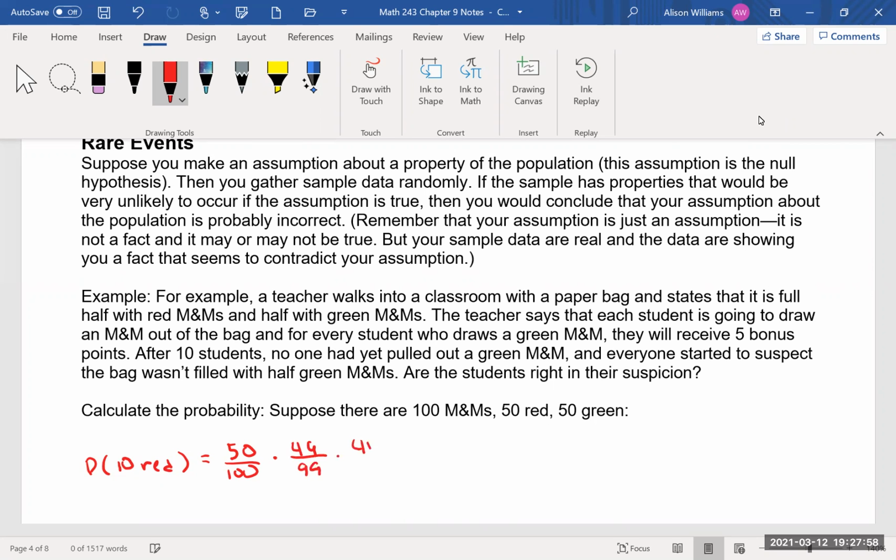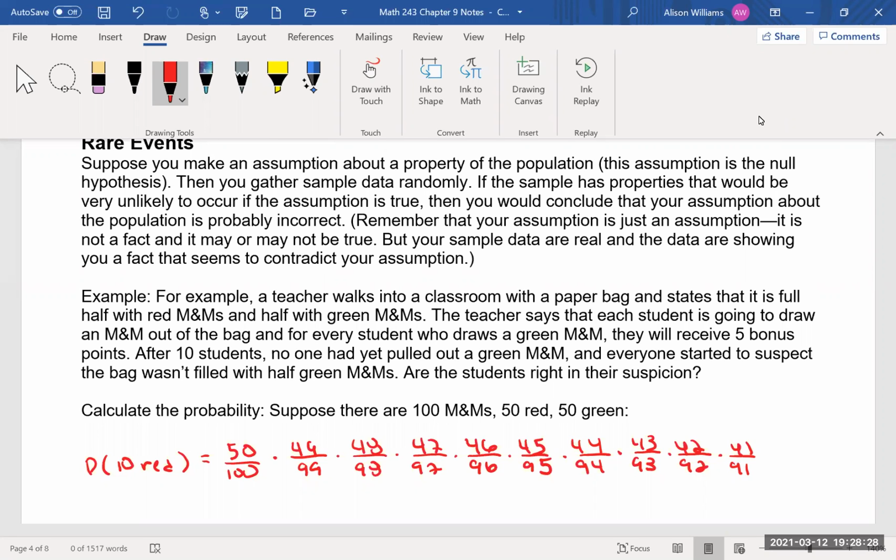Then there would be 48 out of 98, and 47 out of 97, and so forth. I'm going to finish writing this and tell you what I got when I calculated, because I plugged this into the calculator.